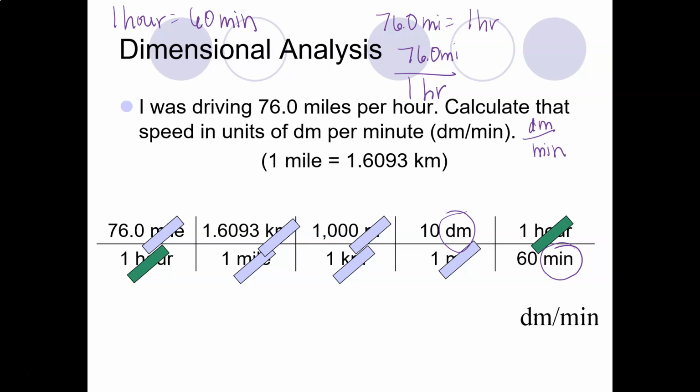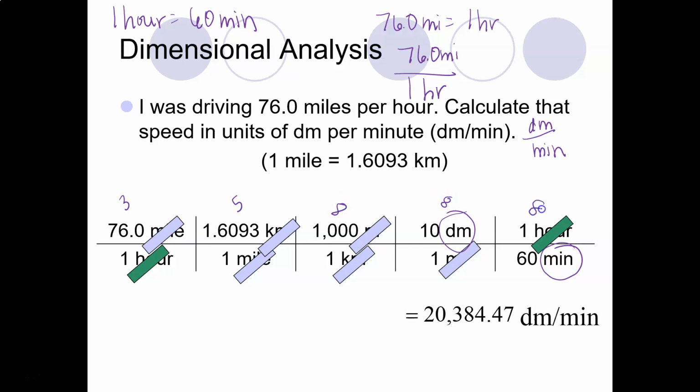Okay, so what I'm going to do is grab my calculator. 76.0 times 1.6093 times 1,000 times 10 divided by 60. This came out. Now let's look at sig figs. 76.0 has 3 sig figs. 1.6093 kilometers in 1 meter has 5 sig figs. This one has infinity. This one has infinity.